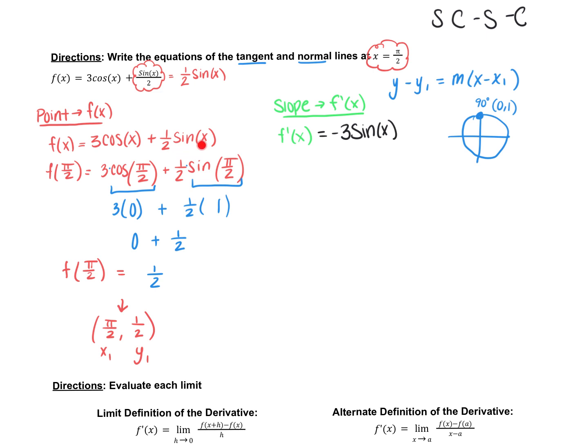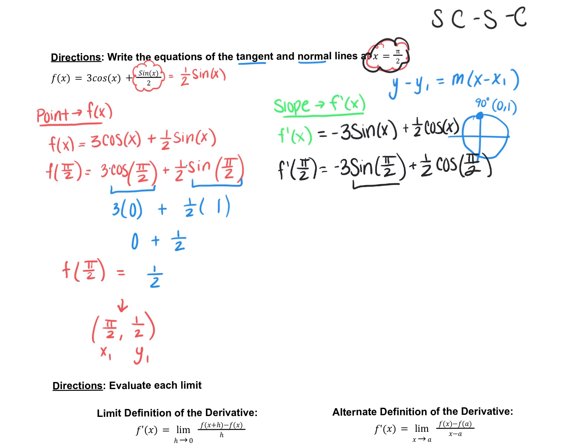And now here, the derivative of sine of x, we look here, is cos. It's okay that there's a 1/2. It's just going to be 1/2 cos of x. And we want to plug in, same spot, at this pi over 2. So f prime of pi over 2 equals negative 3 sine pi over 2 plus 1/2 cosine of pi over 2.